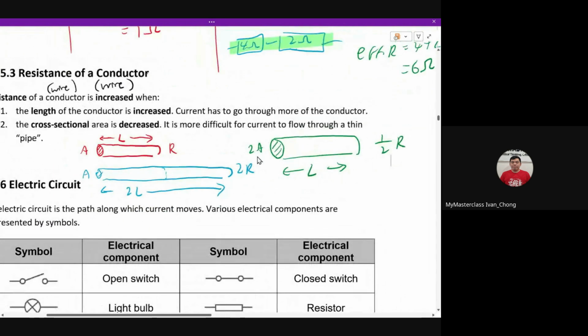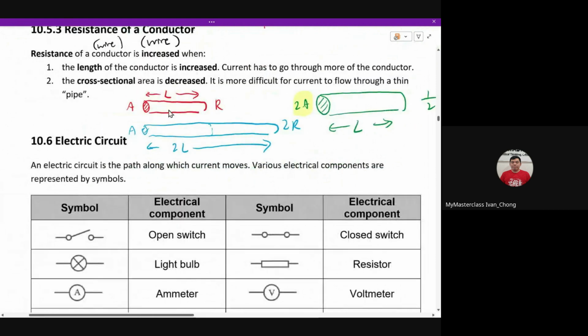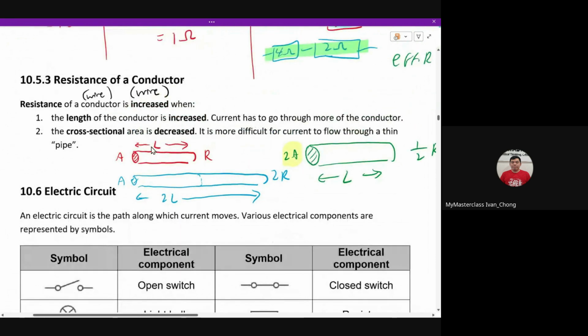So do take note. Now, this is area, which means the question can make your life more difficult if they give you diameter or radius itself. Because this is a circle, so we need to use pi r squared. So you need to be more careful about all of this. But basically, you can see length increase, resistance increase.